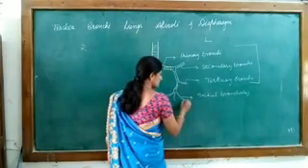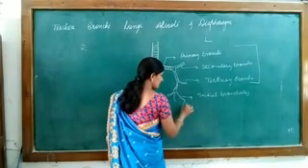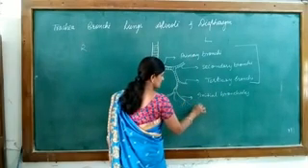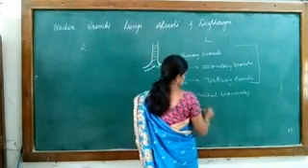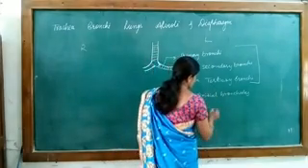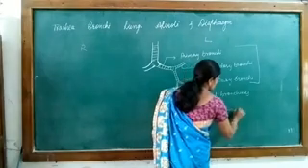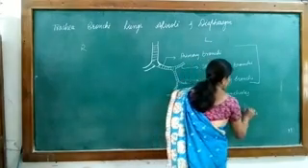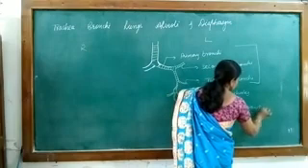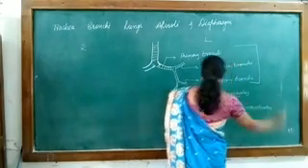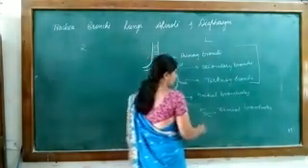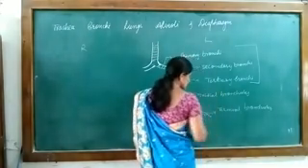Those are often divided into very thin branches. The last branch of this is called the terminal bronchioles. So here is the terminal bronchiole.